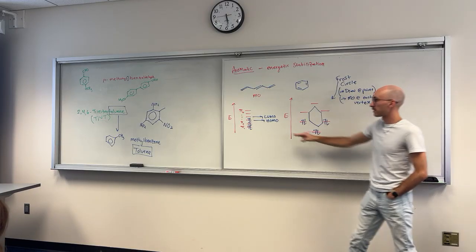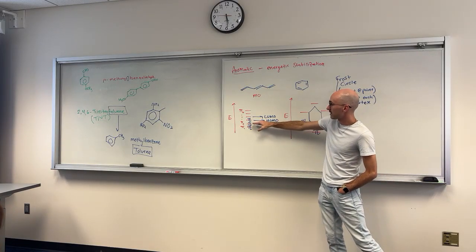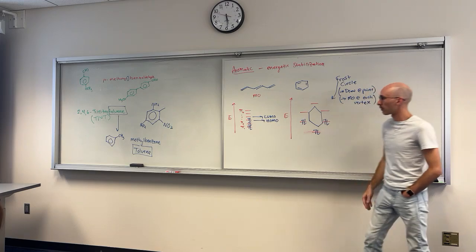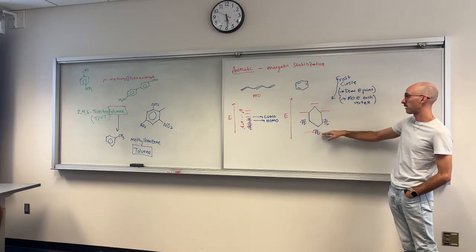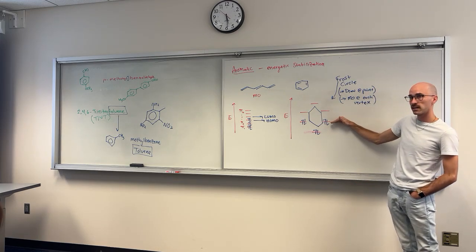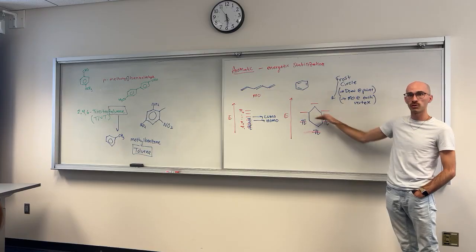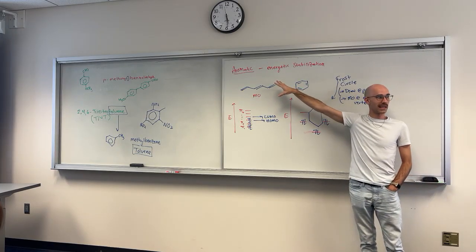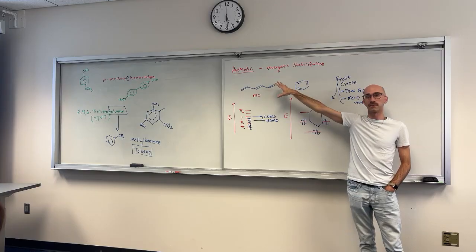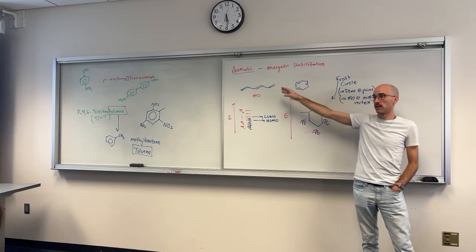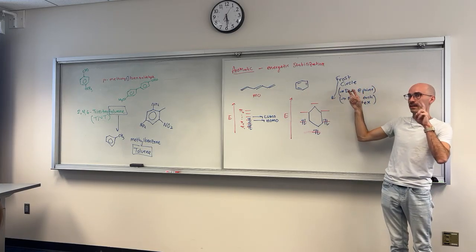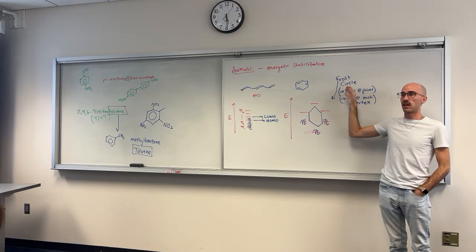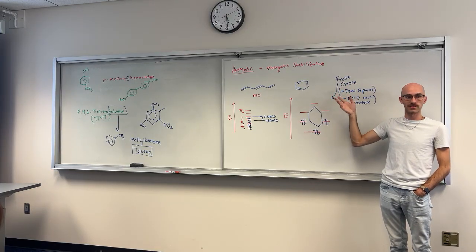But you might notice that having 3 stacks of pi molecular orbitals is simply different than having 2 stacks of pi molecular orbitals, where 2 of them are equal in energy to each other. So hexatriene behaves like an alkene, a conjugated alkene. Cyclohexatriene does not. Another reason why benzene is called benzene and not cyclohexatriene.